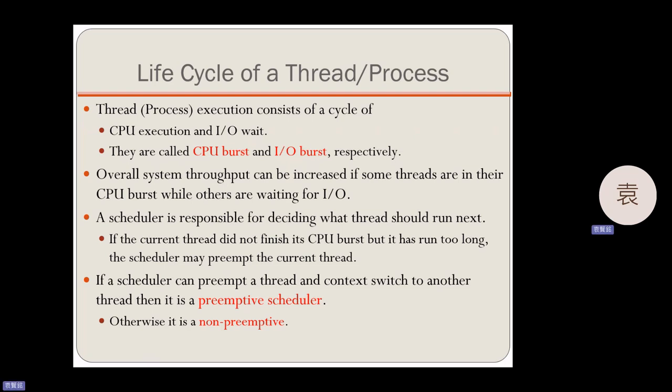But if we do not schedule the system properly, then it's possible all the processes are waiting for the same resources, and then the whole system throughput will decrease. So the scheduler, particularly the CPU scheduling, is very important in the sense that it should be able to select the right process or thread to run.